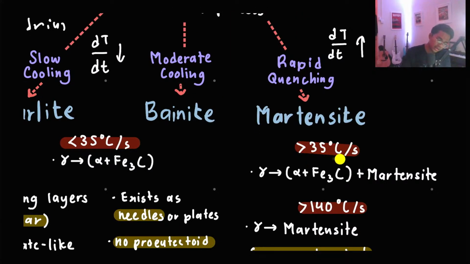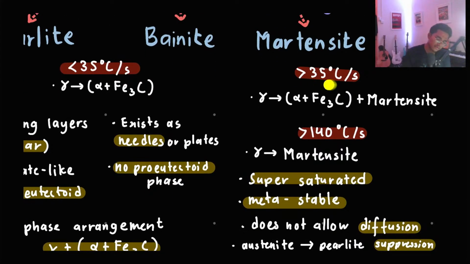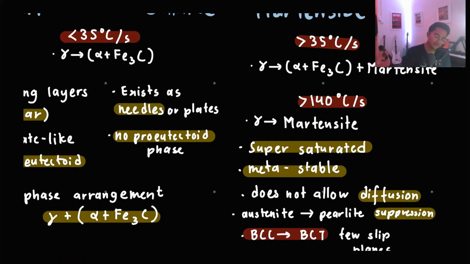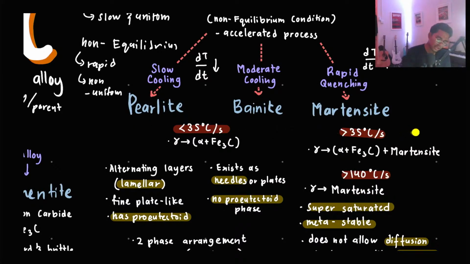So the Celsius per second for martensite, if it's above 35 Celsius per second, the end product would have cementite and ferrite plus martensite. But if you have 140 Celsius per second, you would have completely martensite.